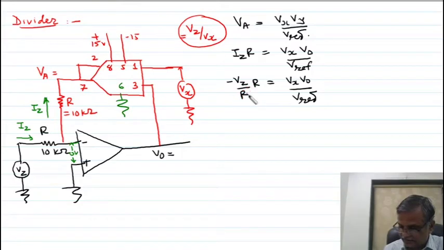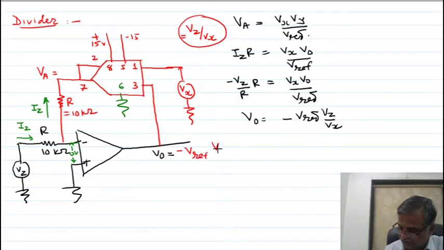I can cancel this R, and I get the equation of the output voltage as minus V reference into Vz by Vx. So you can see in the output equation you are getting Vz by Vx, so that you can divide Vz by Vx. In this way you can do it.